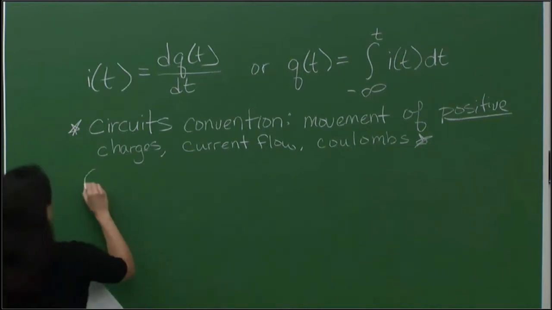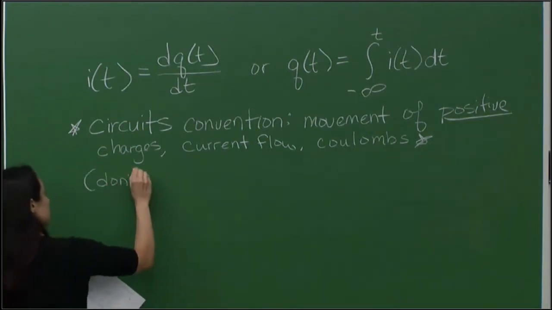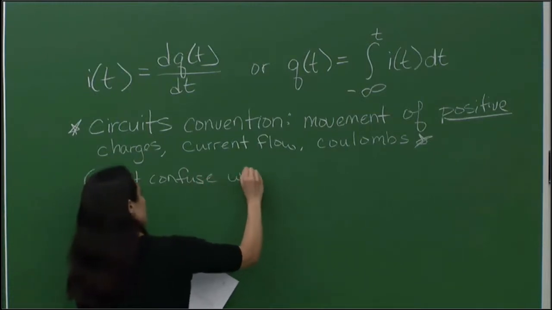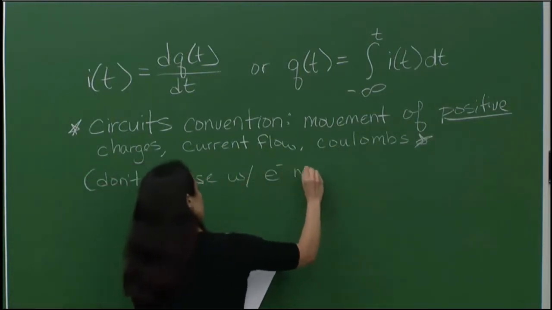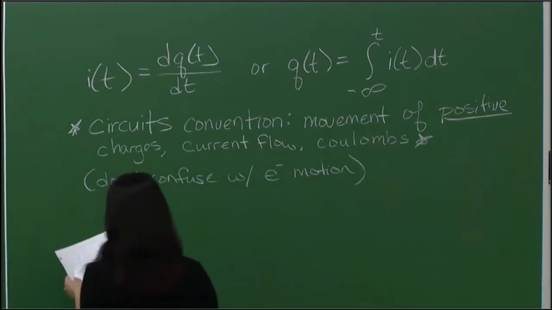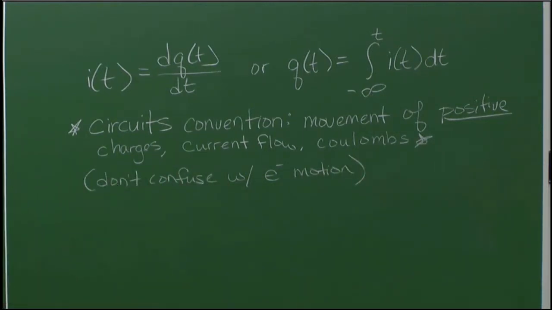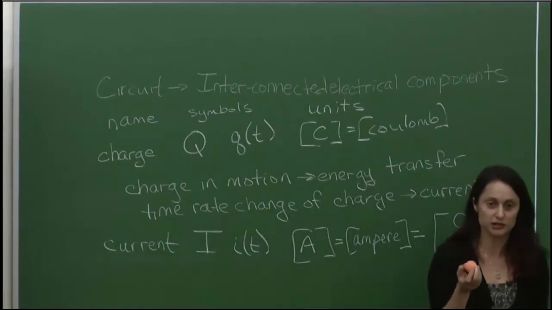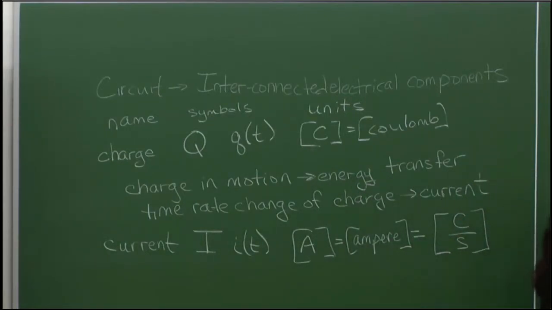Don't confuse this with electron motion. This is something you just have to get straight in your head at the beginning. Just keep repeating to yourself as we go through this: we're talking about moving positive charges around, which are not actually moving. The electrons are what are moving, which was taught in physics.